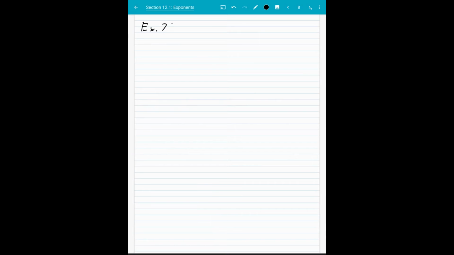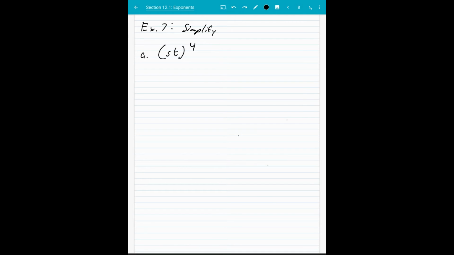Example 7 illustrates yet another rule. Wants us to simplify. This one says st to the 4th power. All right, so this time we have two bases in the bottom, both raised to one exponent. So these two are both raised to that number right there.